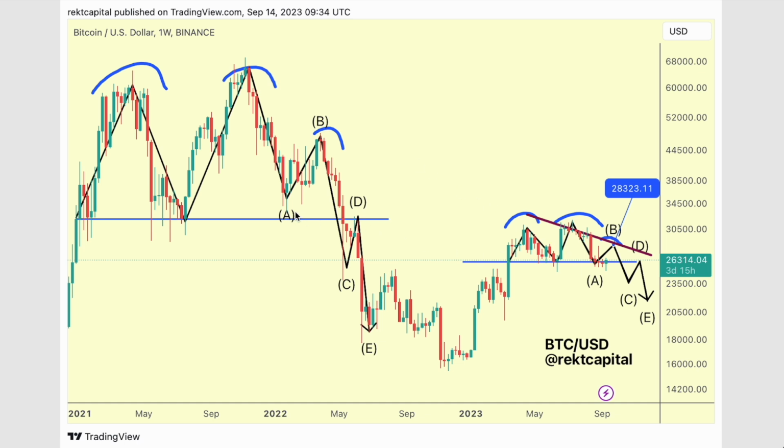So maybe we are in phase A to B, still trying to search and look for that lower high resistance here. Once again, A to B, lower high resistance, before ultimately getting back to 26k and just showcasing consolidation into the apex of what is really just developing into a descending triangle.